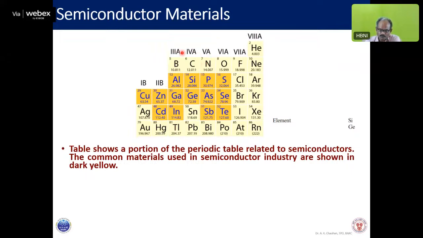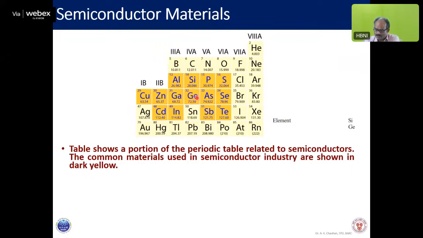If you come to this particular group, group 4A: carbon, silicon, germanium, tin, lead. All these atoms have 4 electrons in their outer orbit. They form covalent bonds, and there are actually no free electrons at 0 Kelvin. This class is semiconductors.